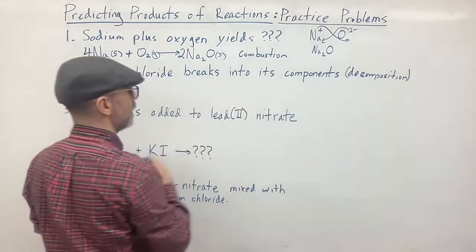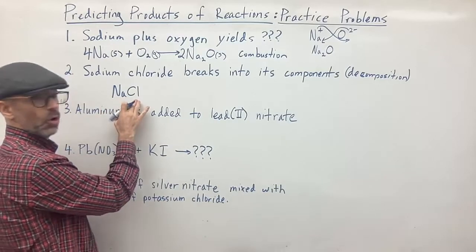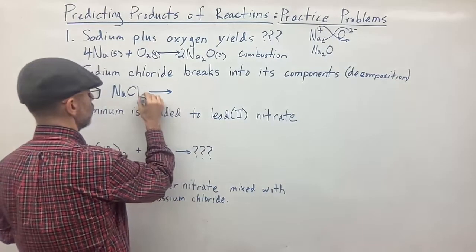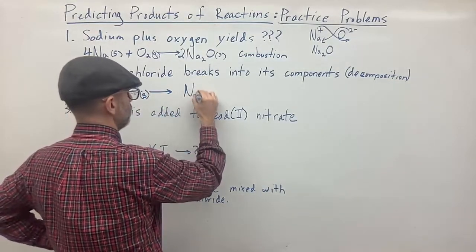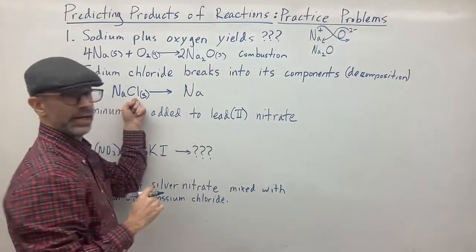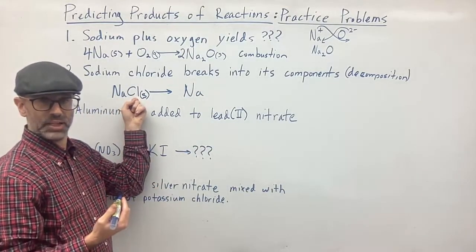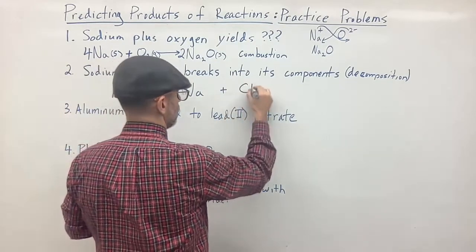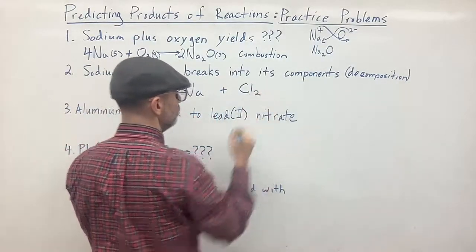Breaks into its components. So what are the components? Sodium and chlorine. So this is a solid, and that's going to break up into sodium and chlorine. And again, chlorine is one of those diatomic elements, so we need to write it as Cl2, not Cl, but Cl2.